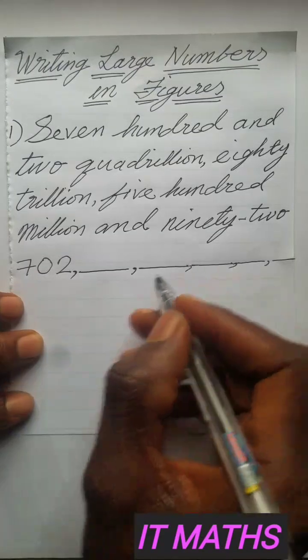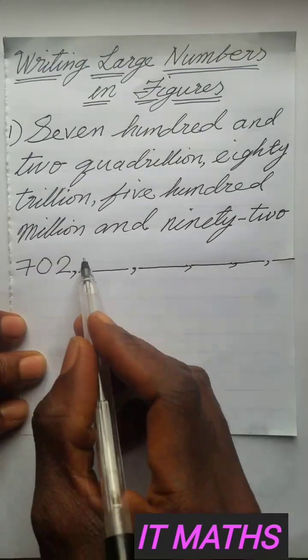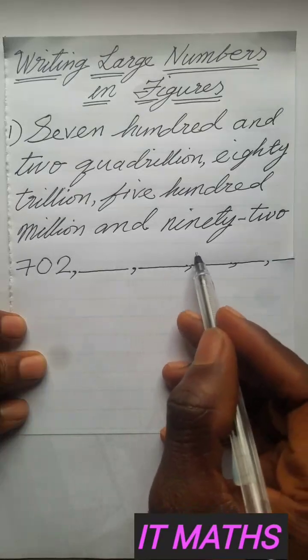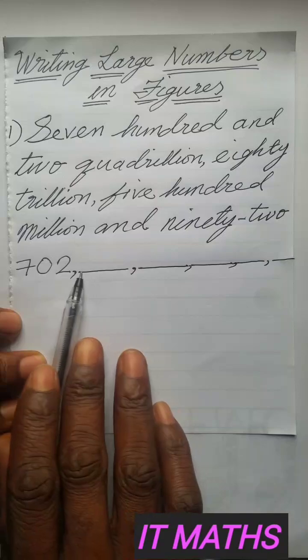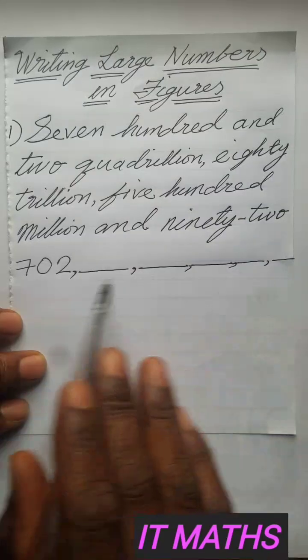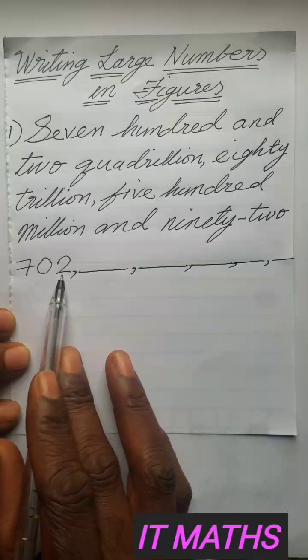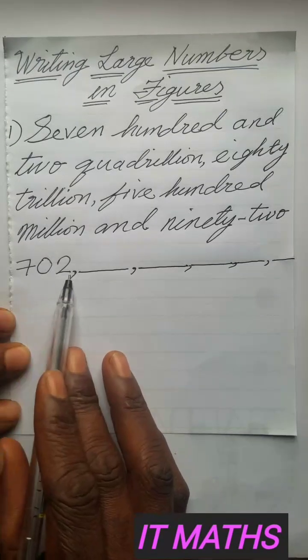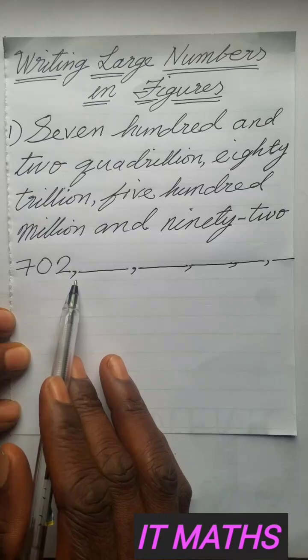All of these are separated by a comma. So this set of 15 zeros is what qualifies any number to be a quadrillion, whether it be 2 quadrillion, 20 quadrillion, or 702 quadrillion as we have here.